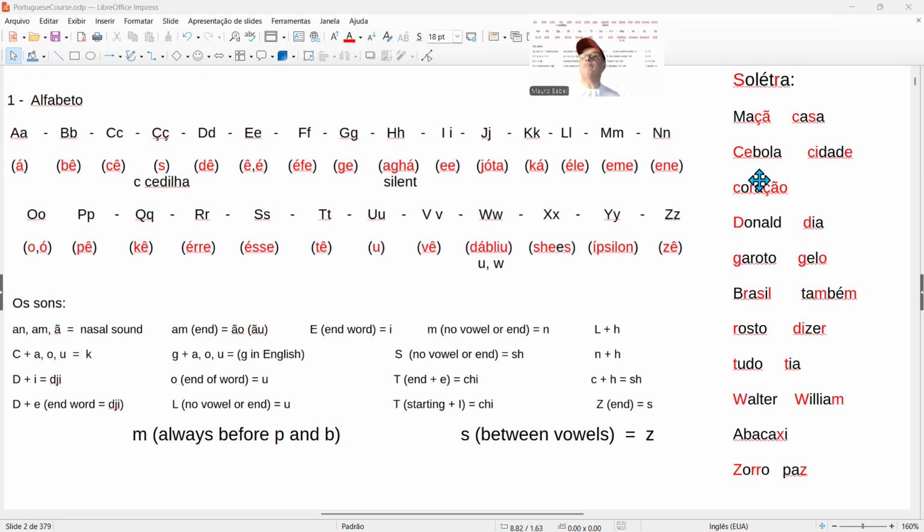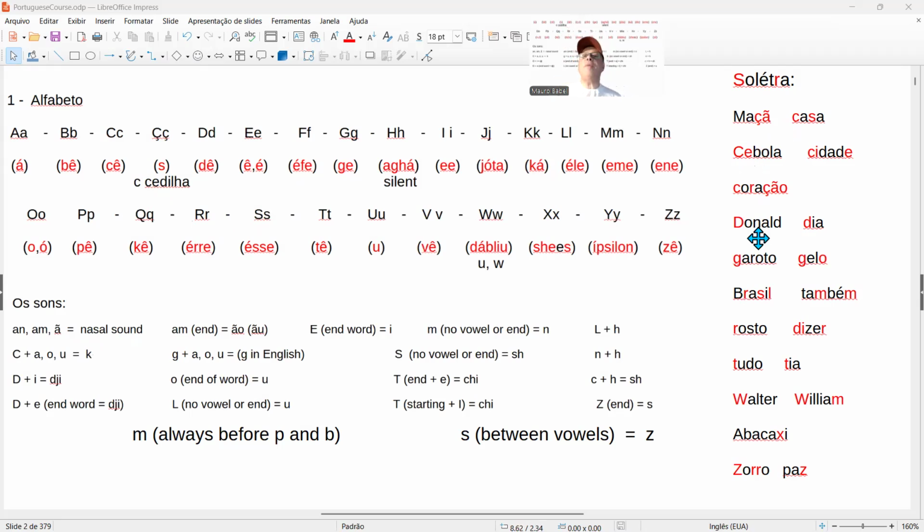Oh, sorry, we are here. Ma. Look at the A til. What is it? What is the sound? It's a nasal sound. So it's not A. Maçã. It's a nasal sound. Cedilha. Maçã.